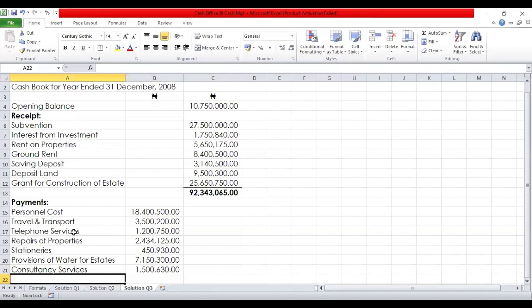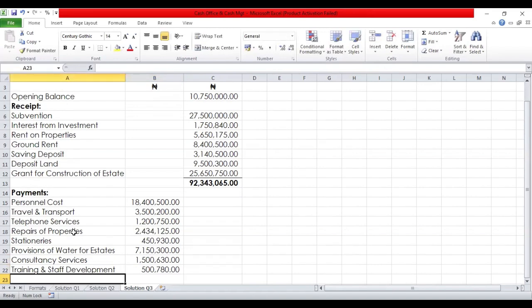Training and staff development. How much? 500,780.